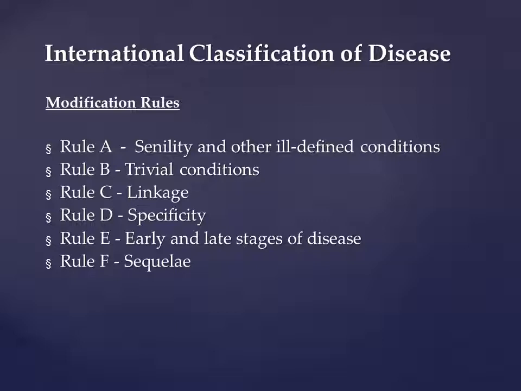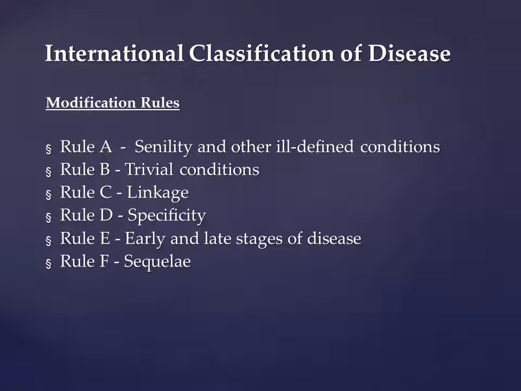And then rule E, early and late stages of disease, is when there are two conditions, one early and the second late stage, always code the more advanced stage.